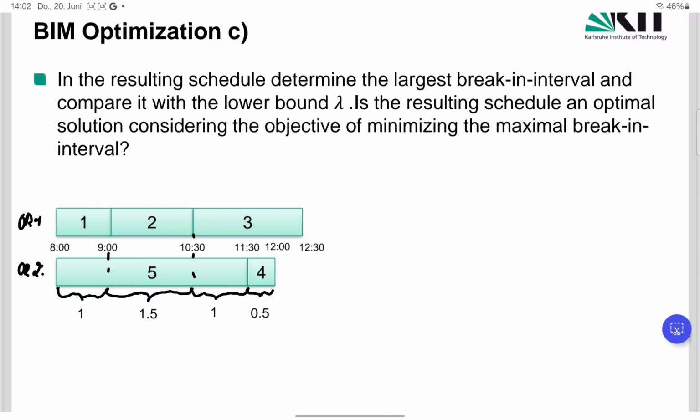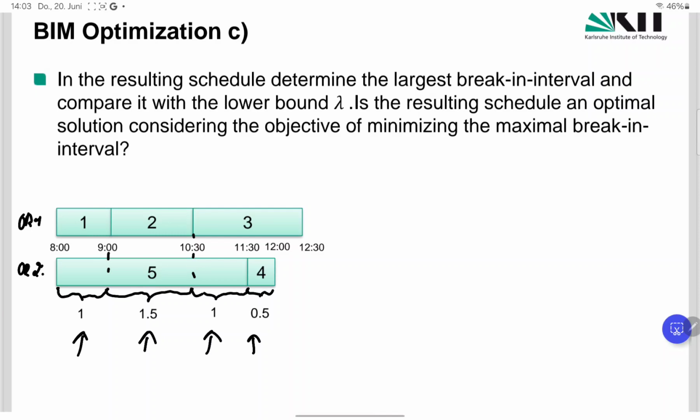So these are the break-in intervals: 1, 1.5, 1.5 hours. And you can see here that twice we could hit exactly our lower bound, one is lower than that, and only once is it larger than 1 hour.